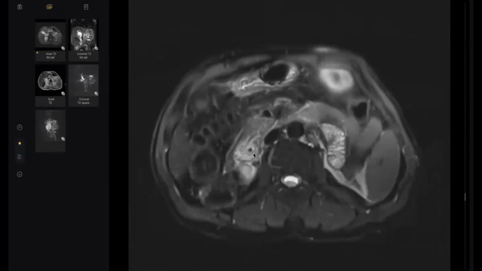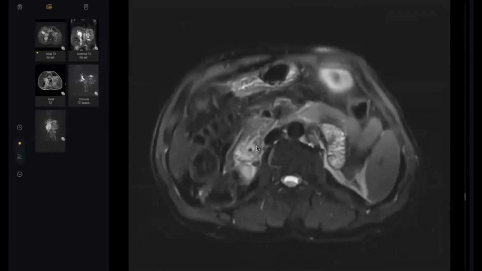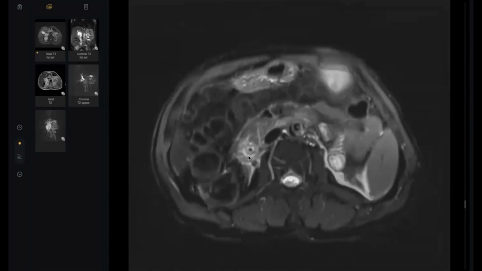So it is dilated till within the pancreatic head, and I'm suspecting there is slight thickening at the opening at the ampulla.